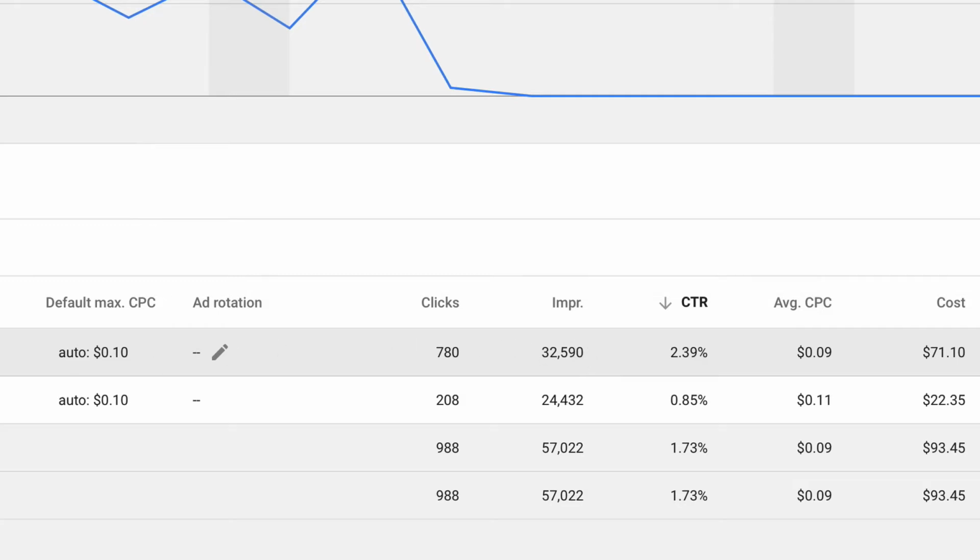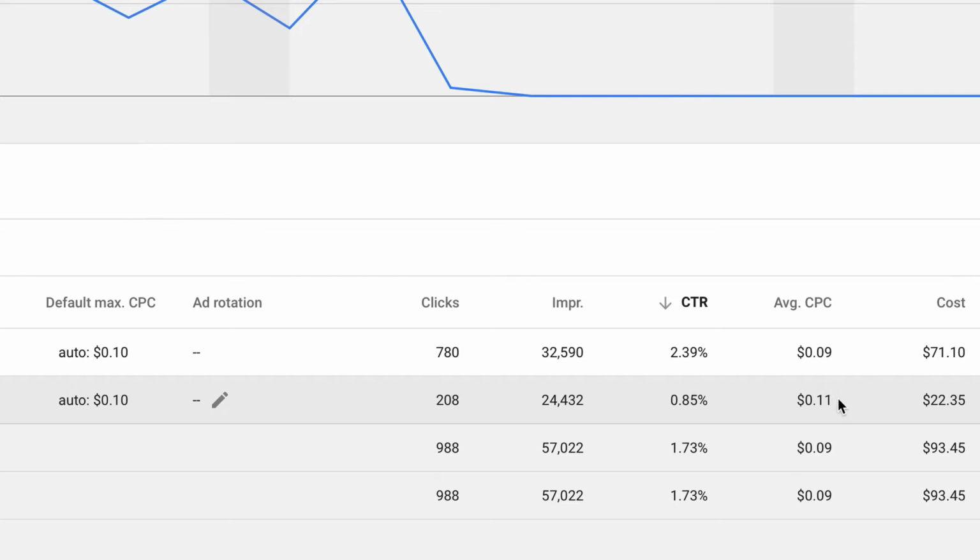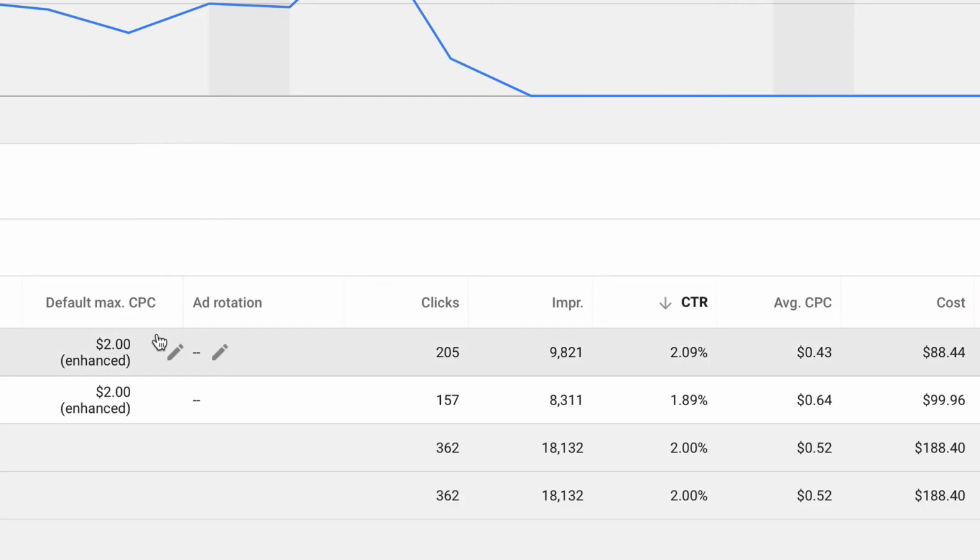And what's interesting is our animated ones did not do quite as well. We were all the way up at 11 cents a click, so pretty much breaking the bank. 208 clicks at a cost of $22, and by the way, the ad showed 24,000 times. Just to compare this to some other Google Display ads, here's our remarketing ads.